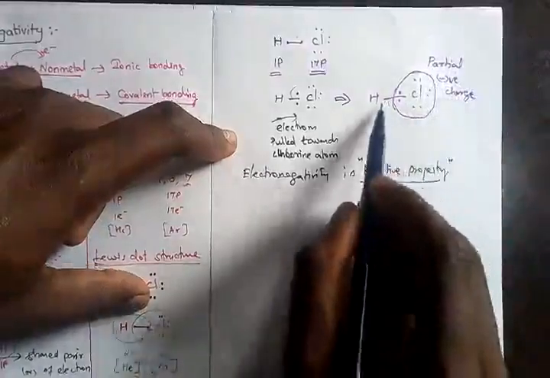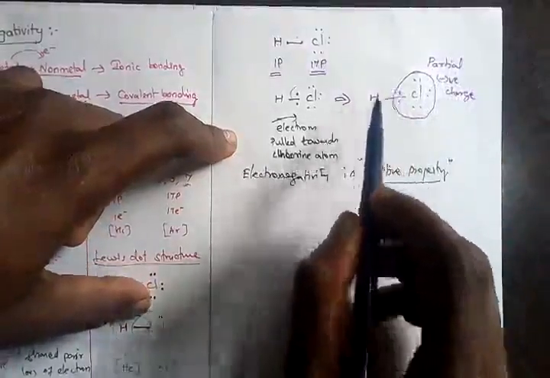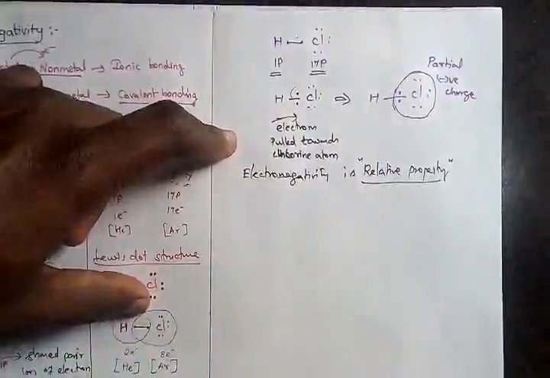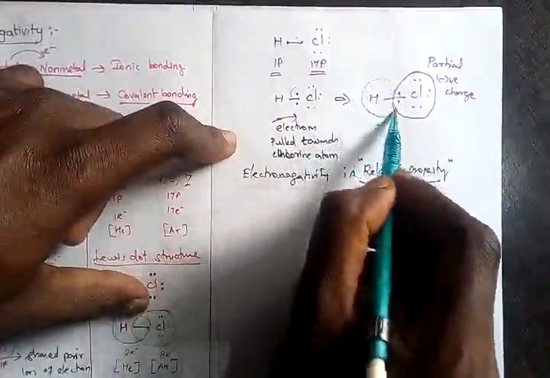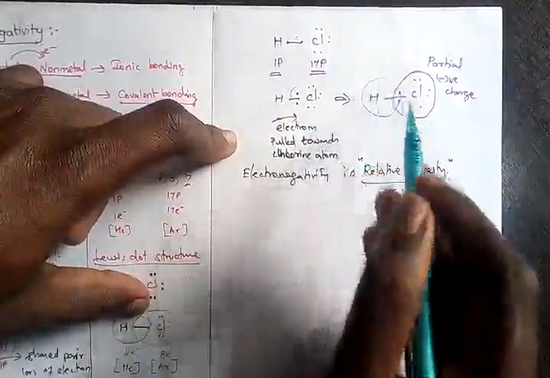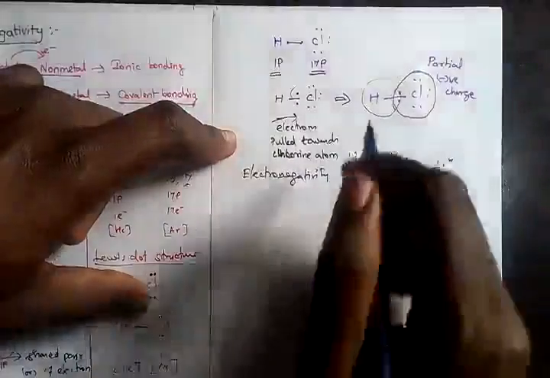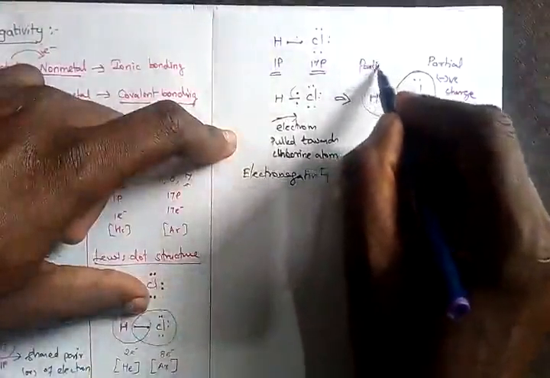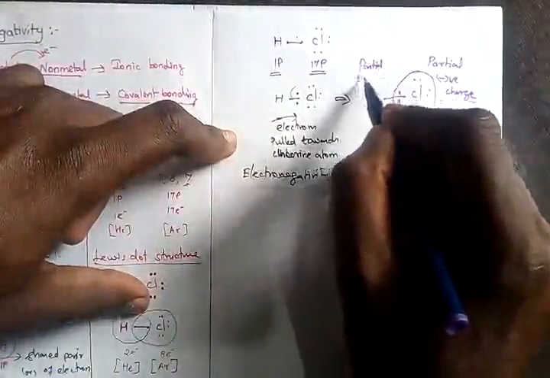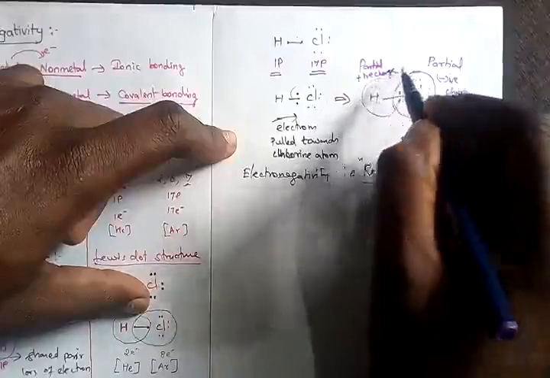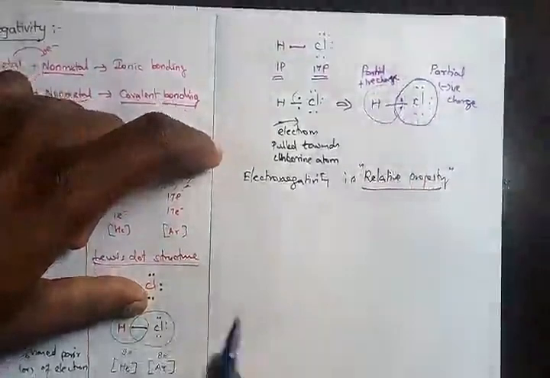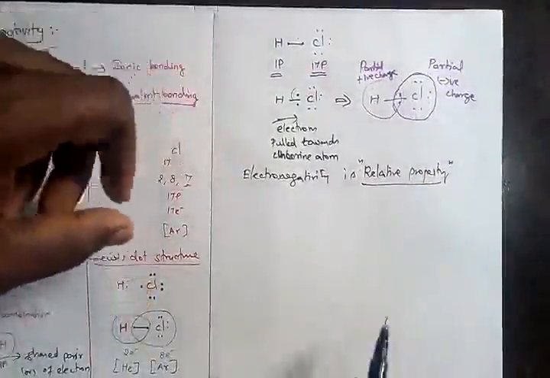Whereas here, hydrogen somewhat lost its electron, somewhat, not completely. You could see in this area the electron is less. So, what happens? The hydrogen has a partial positive charge, because it has lost somewhat, not fully lost, but somewhat.